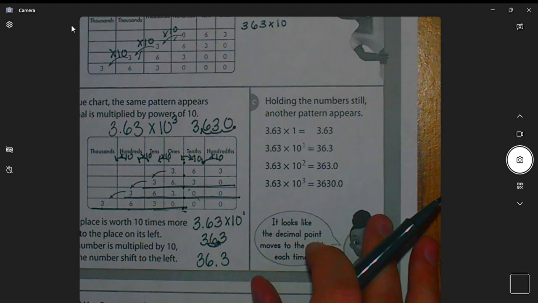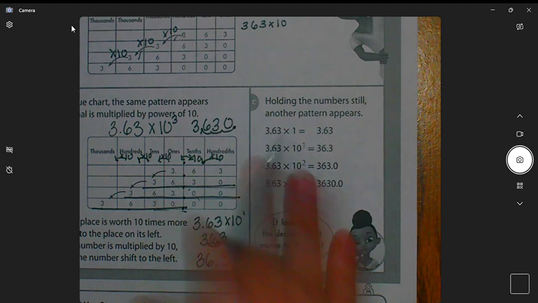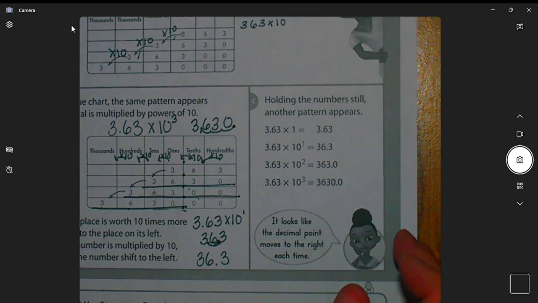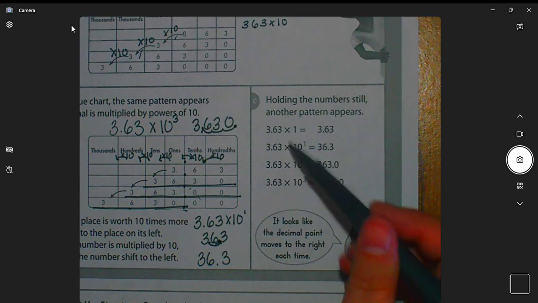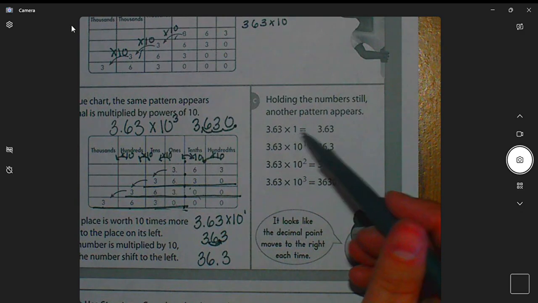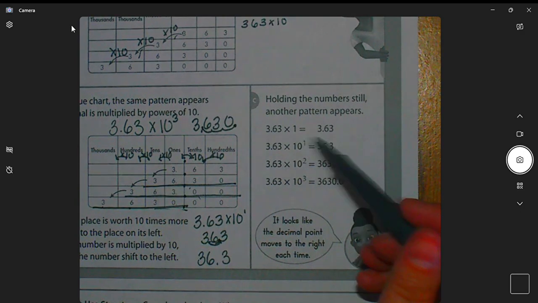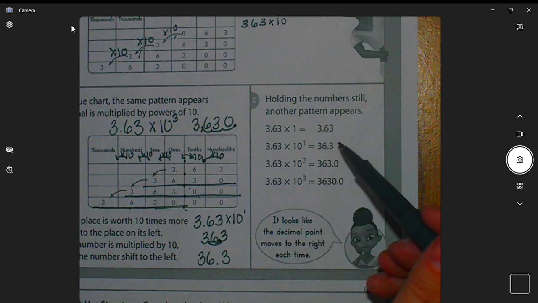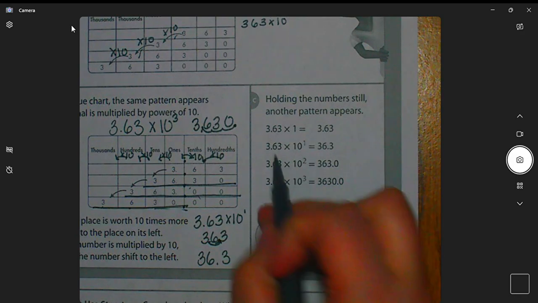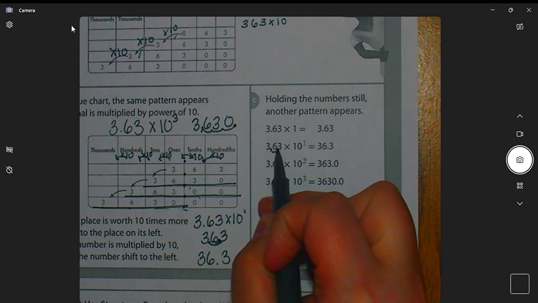And over here, it talks about the number pattern. It shows you the exact same thing. So 3 and 63 hundredths times 1 is the same as saying 3 and 63 hundredths. 3 and 63 hundredths times 10 to the first, meaning you move the decimal one place.